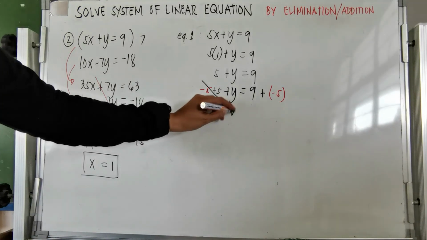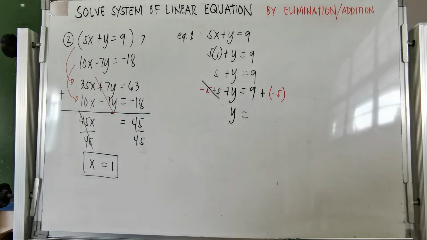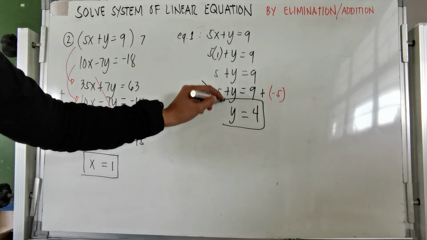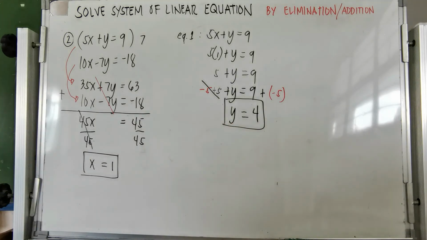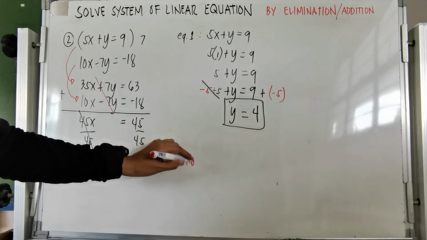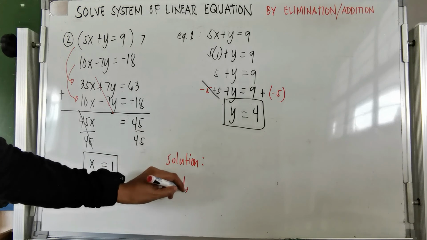So, matitira ay y. Then, 9 plus negative 5, magkaiba ng sign, so ima-minus natin. The answer is 4. Meron na tayo ngayong value ng x and value ng y, and that is our solution. So, ang solution na nakuha natin ay 1, 4.